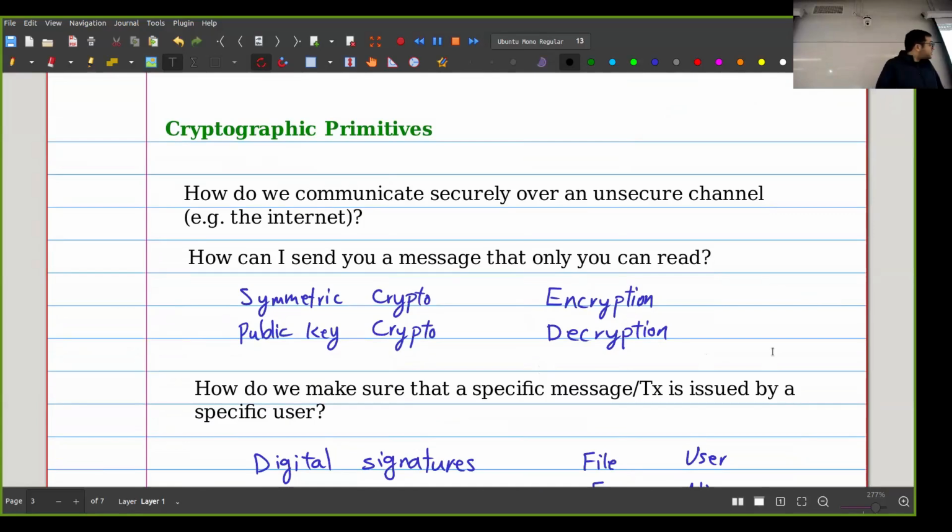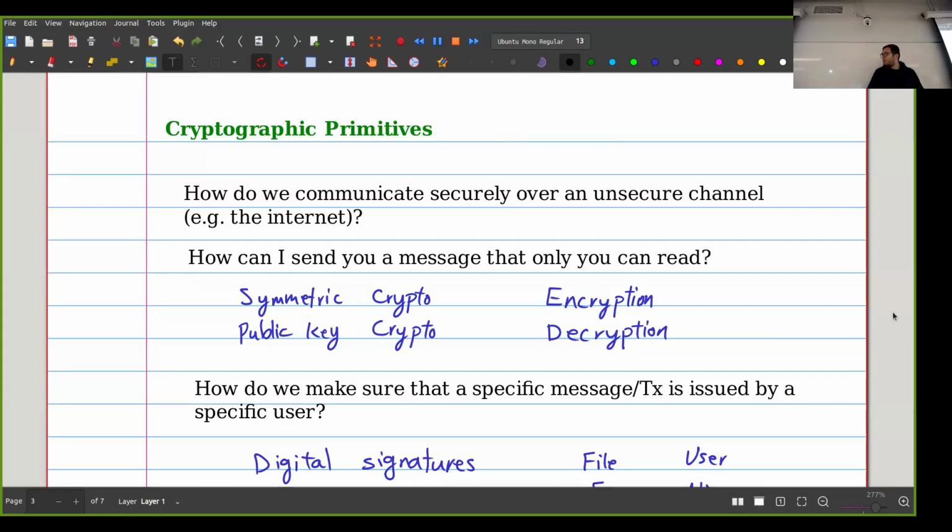But for now, I have to tell you that the course is going to start with a lot of cryptography, because of course that's what we use to create cryptocurrencies. We're going to start with cryptographic primitives. We're going to spend basically 4 or 5 lectures on these and see how each one of them works. And then at some point we're going to merge all of them together to create a cryptocurrency.